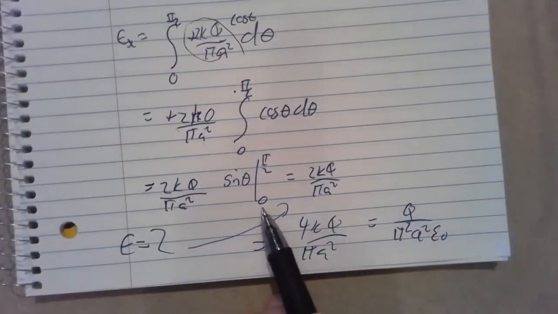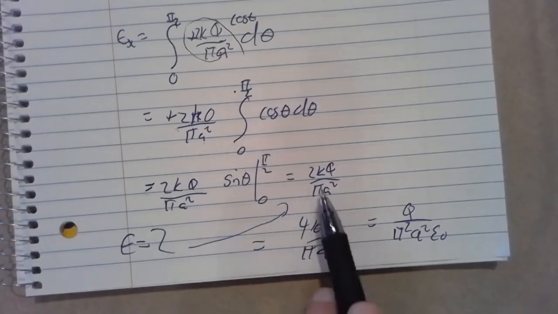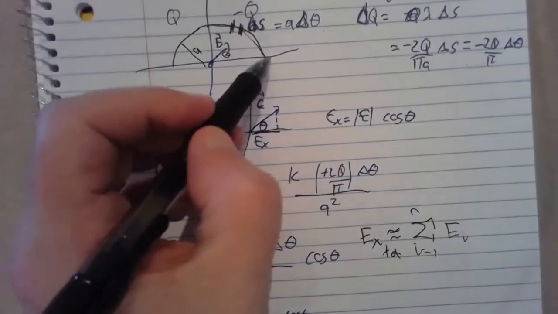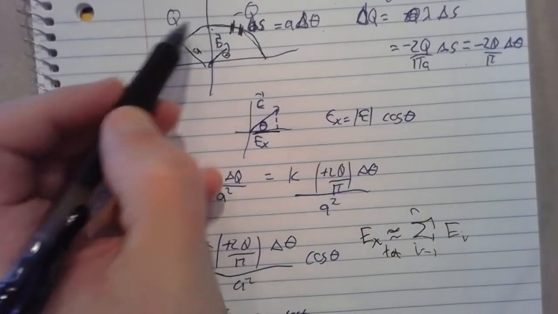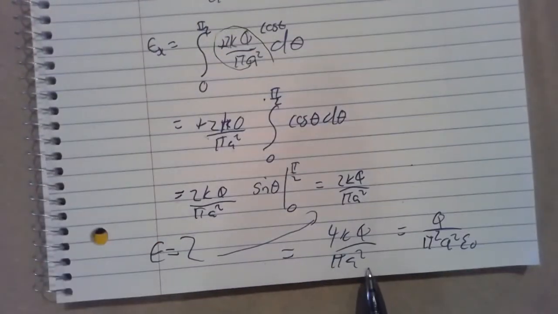So we evaluate sine from 0 to pi over 2. Sine of 0 is 0. Sine of pi over 2 is 1. So we just get 2kq over pi a squared. Now remember, that was only from this half. We need to double that to include this other half. So doubling that, we get 4kq over pi a squared.